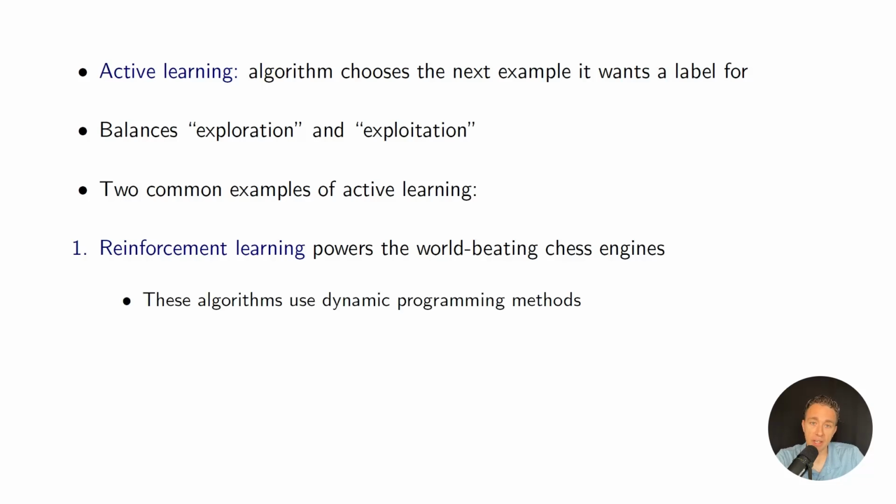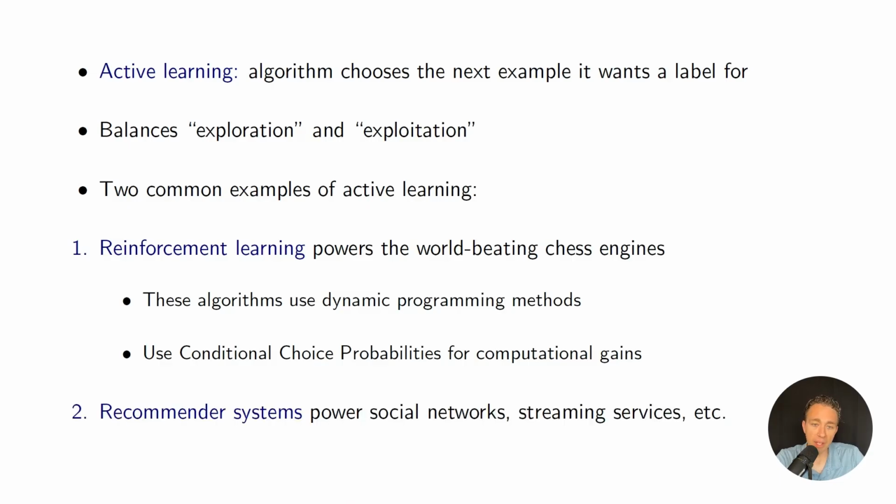And interestingly enough, solving a chess match or a Go game is not that different than solving for the policy function in the Rust bus engine problem. And so you can apply the conditional choice probabilities that we talked about earlier in this series to get computational gains in this aspect.